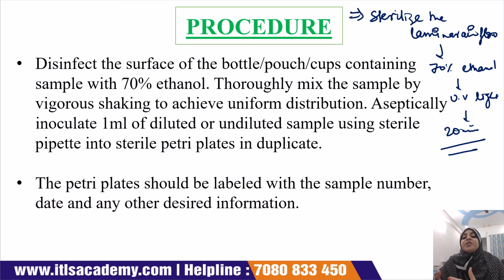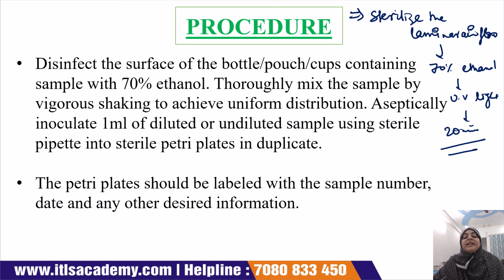In a serial dilution, we take 6 test tubes in which we add 9 ml of water in each test tube, and then we take 1 ml with the help of a sterile micropipette. Then we transfer the 1 ml sample to the first test tube in which the 9 ml distilled water is already present, and we mix it very properly.